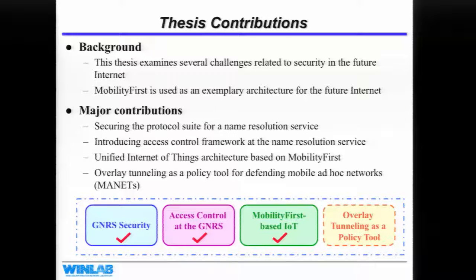In addition, this thesis also explored a lightweight overlay tunneling approach in the MANETs as a means to mitigate network failures and attacks. This lightweight overlay approach can serve as a policy tool and does not require redesign of the underlying network routing protocols. But for brevity, I will not discuss that work in the talk.